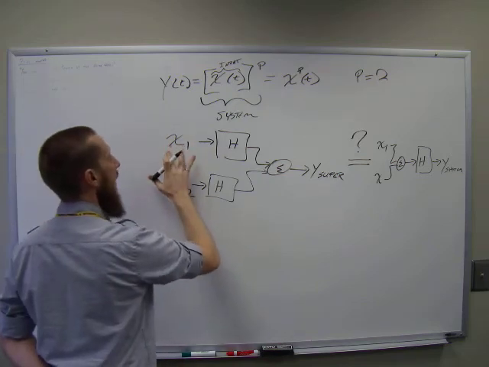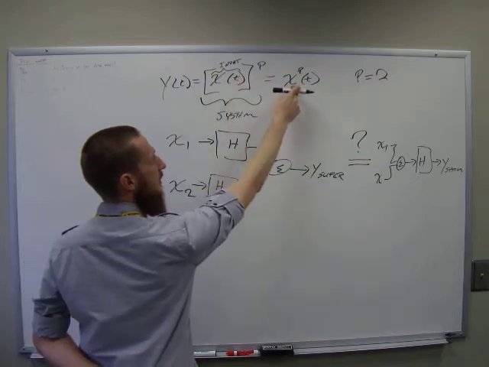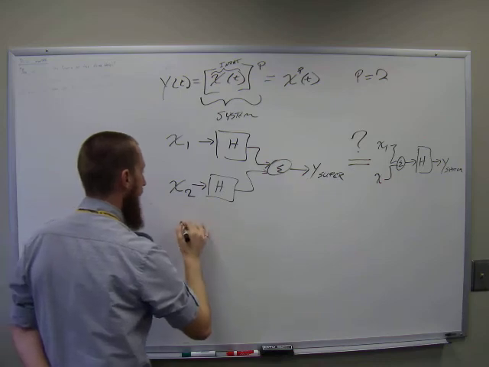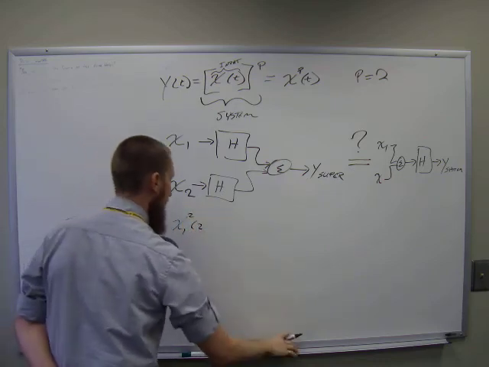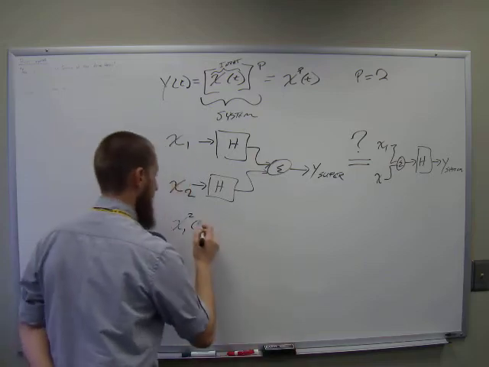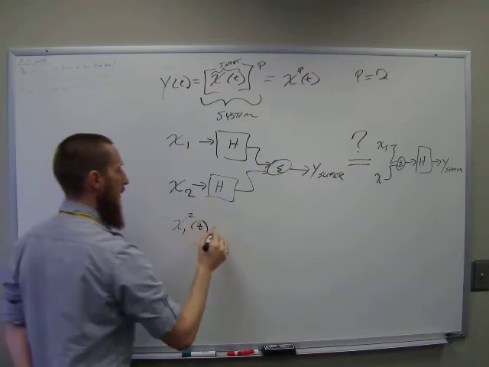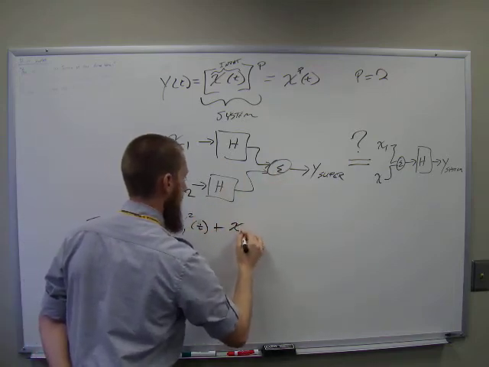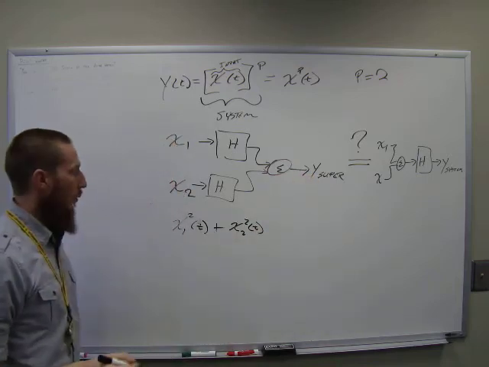We have x1 going through the system. The system is x to the power of p, where p is 2. And so we have x1 squared of t. This is x1 being applied to H. And then we sum that with x2 squared of t. This is equal to y of superposition.